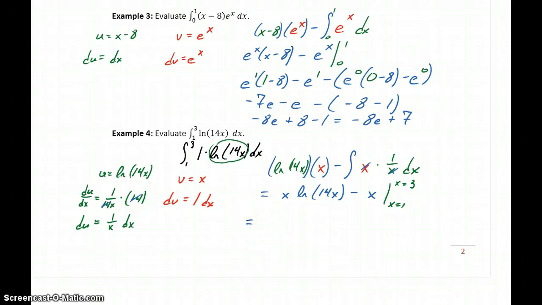So we'll get 3 times the natural log of 14 times 3, minus 3. And then we'll subtract evaluating that expression at 1. So this will become the natural log of 14 minus 1.